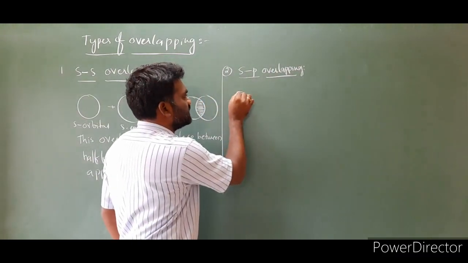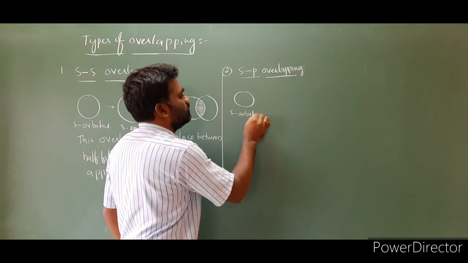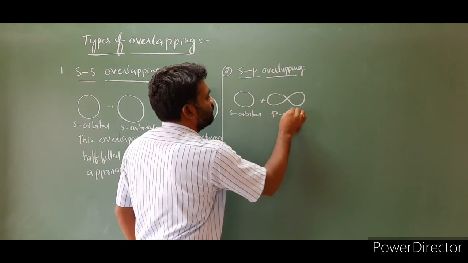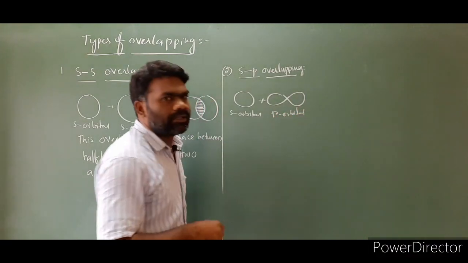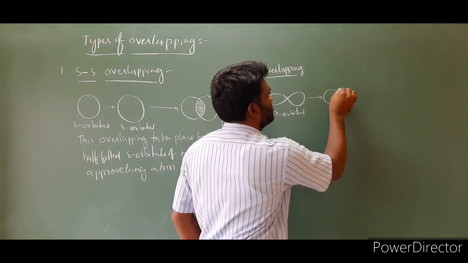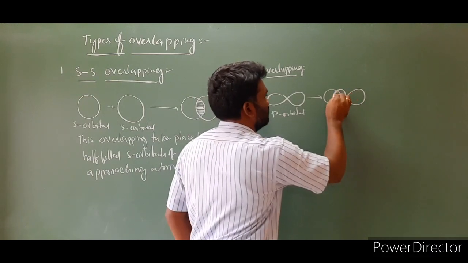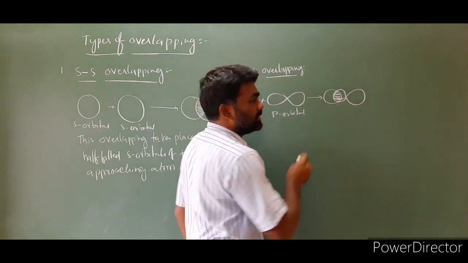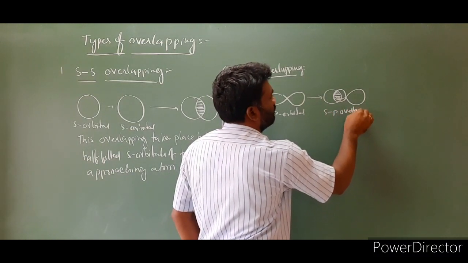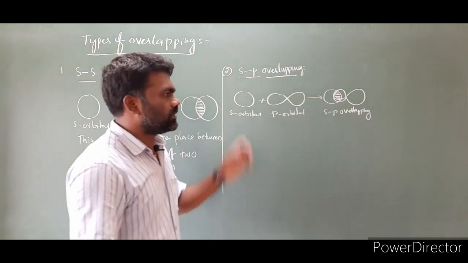This is an s orbital of one atom, and this is a p orbital of another atom. These two overlap, then the resulting structure is like this. This is SP overlapping.